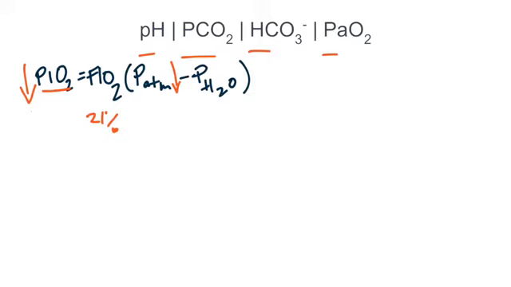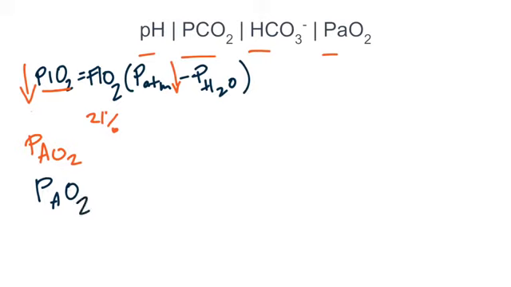Remember, the partial pressure of inspired oxygen, or PiO2, is a major contributor to the partial pressure of oxygen in the alveoli, or P big A O2.